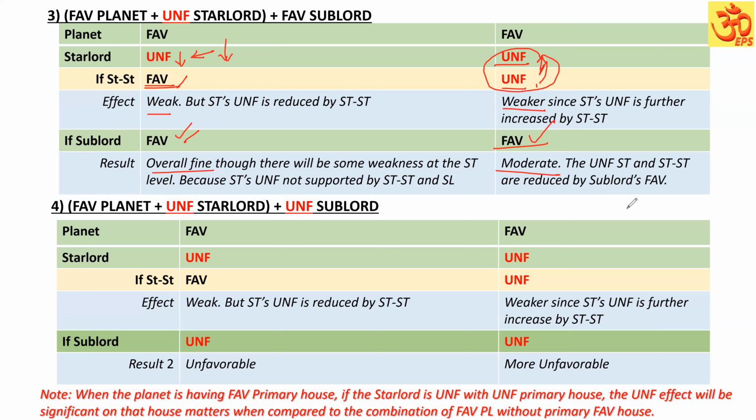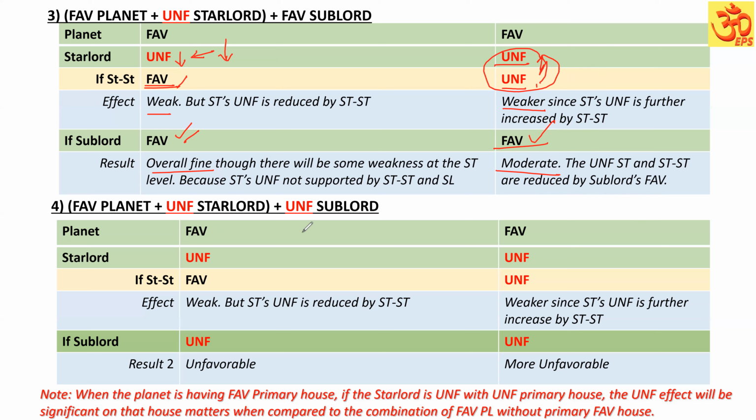They are going to reduce the favorable strength of the planet. But since the sublord is favorable, it is not going to support the unfavorable star lord and star lord of the star lord, so it is going to be moderate. I hope you have understood.